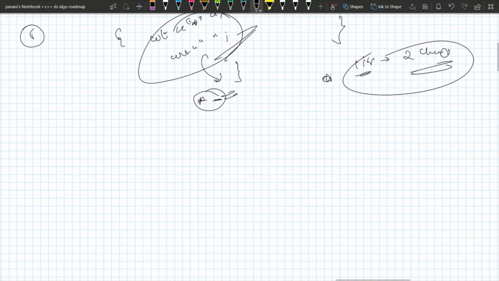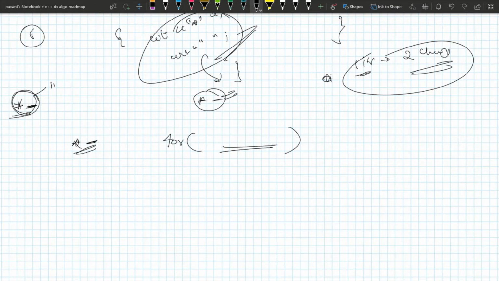I'll explain once again. In the pattern we have seen that every star has a space beside it, so I'm treating the two as coming under one iteration. That means when one iteration is done, a star is printed and then a space is included. That is why I'm running a loop. We'll do some math to decide what j must be initialized with and what condition we have to keep.